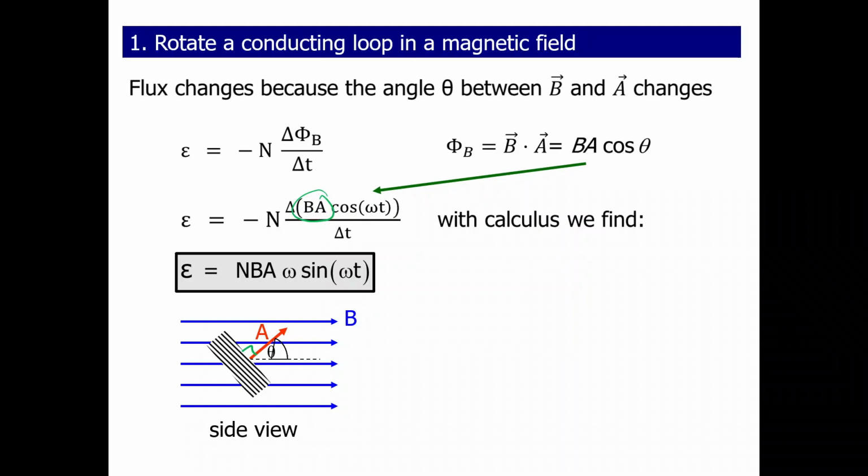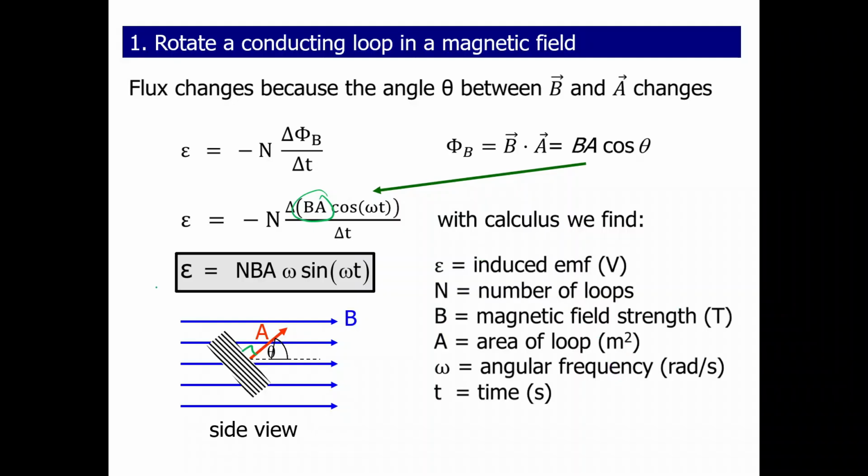But what ends up happening is that when you take that rate of change, we get the equation right here that was boxed, which has been here the whole time. N is our number of loops, B is the strength of magnetic field, A is the area of the loop, omega, which shows up twice, is your angular frequency, radians per second. You probably saw the angular frequency in your 1401 class when you talked about oscillations.